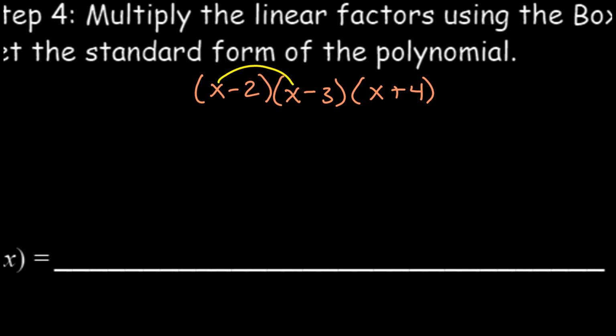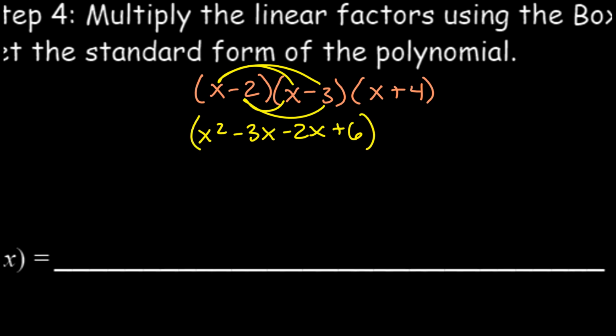I have x times x, and what do I get? x times negative 3, what do I get? Then I'm going to distribute the negative 2 to x and negative 3. Negative 2 times x is, and negative 2 times negative 3. Good. Now, because I still have that last factor to multiply, I am still going to keep this in a set of parentheses and bring down the x plus 4 because I haven't multiplied it yet.